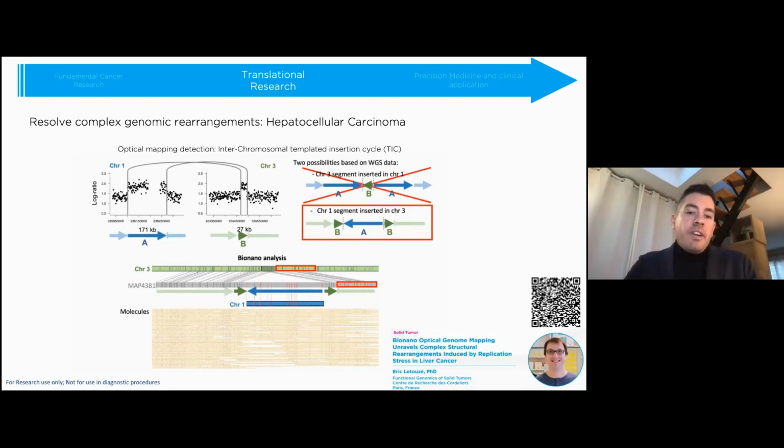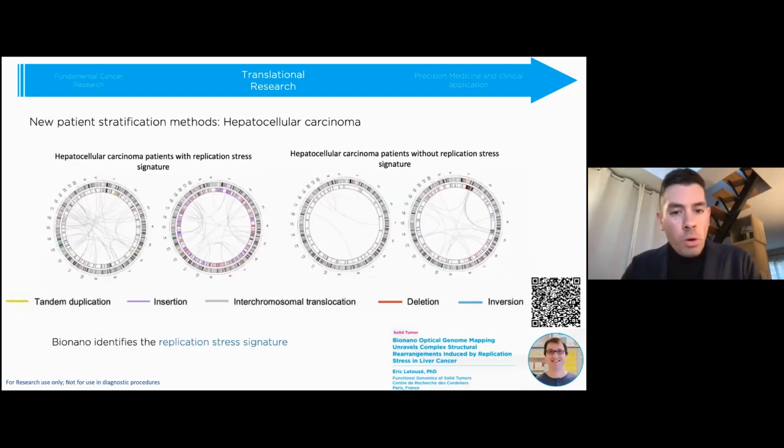So identifying simple and complex structural variation is always a challenge with NGS, as we just saw, but the determination of a complex structural signature for patient stratification takes it to another level. And in the same cohorts, the automatically generated Bionano results were sufficient to cluster patients based on the presence of replication stress due to the deregulation of the cell cycle following HPV infection.